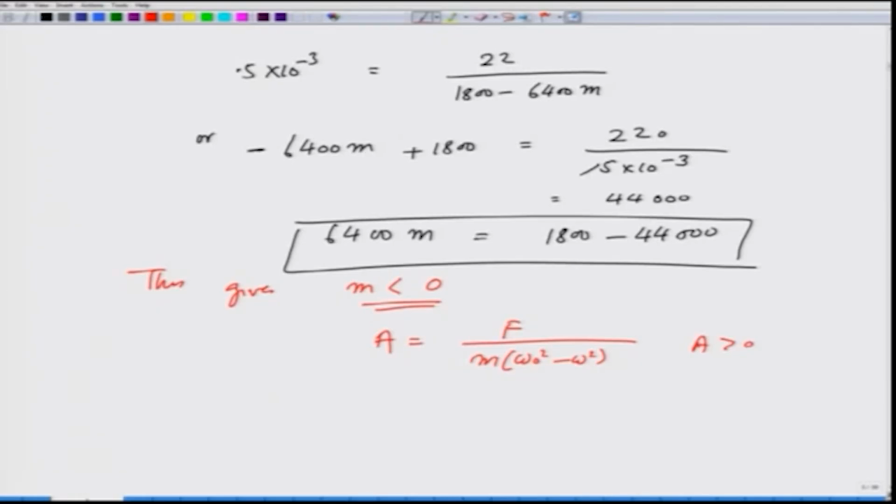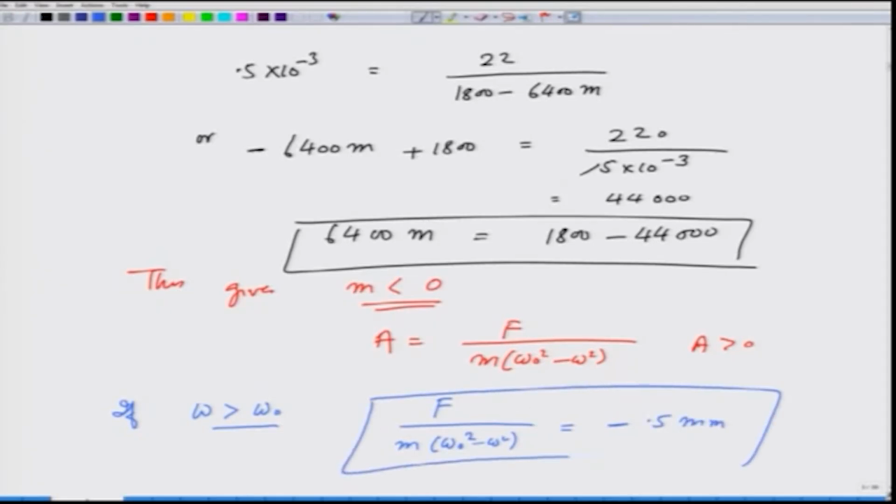And if, on the other hand, omega applied is greater than omega 0, we get a phase difference of pi, and therefore, I am getting an inconsistent result that m is less than 0, which cannot happen. The equation I should actually be writing is f over m omega 0 square minus omega square is minus 0.5 mm, and then there will be no inconsistency. So, let us solve it with that.